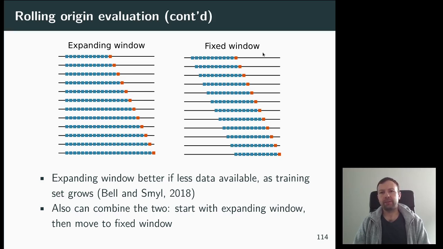And the other one is the fixed window approach, where basically the last data points, you just drop them completely. The expanding window is better if you don't have a lot of data available. And you can also combine the two. You start off with an expanding window, and then once the window is already quite long, you just use a fixed window going forward.